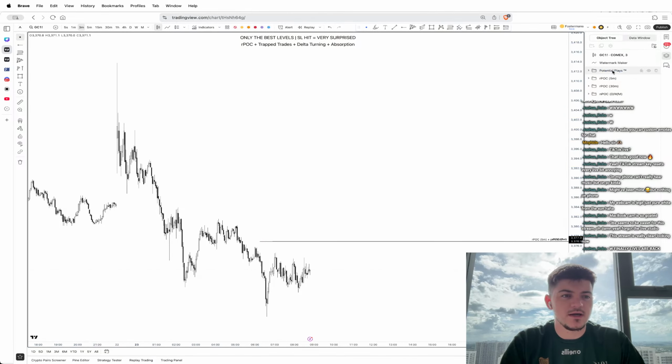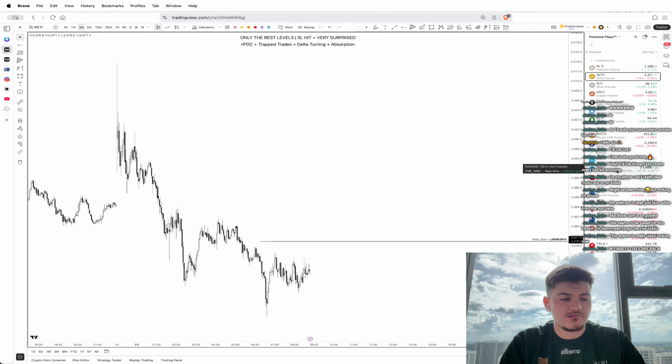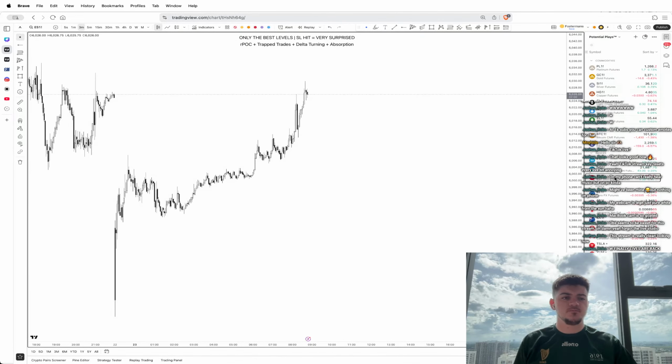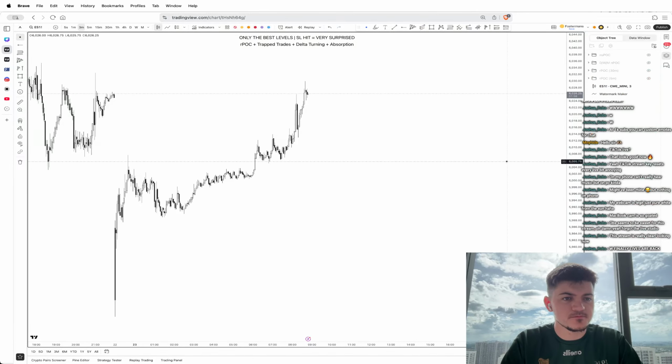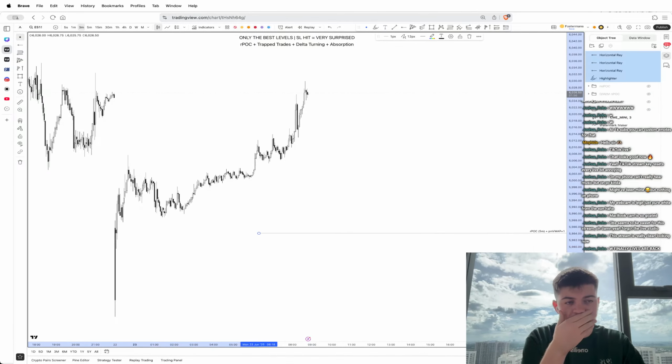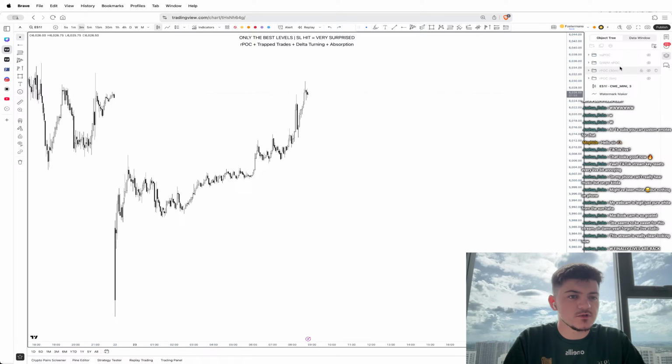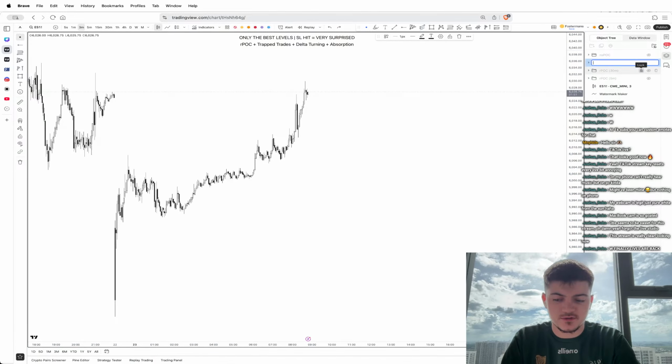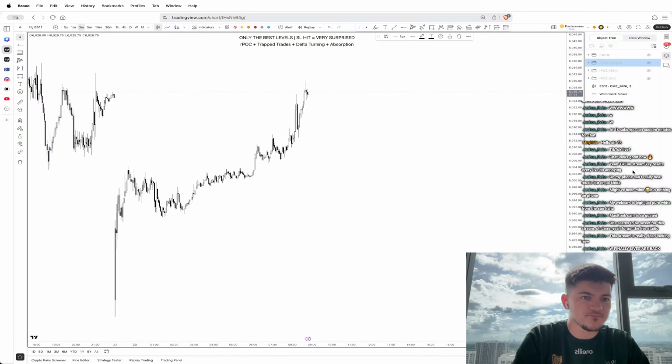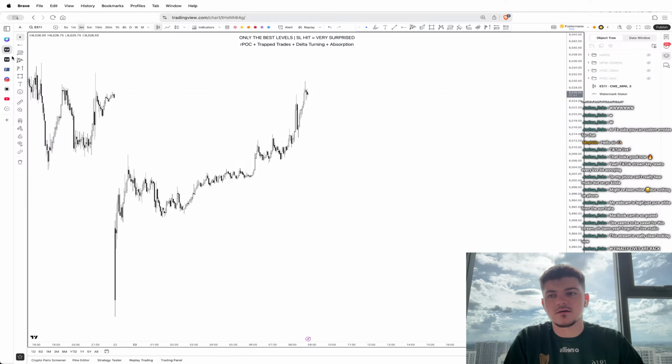Why does gold look way cleaner? Let's rename this first. Yeah, that looks really good.